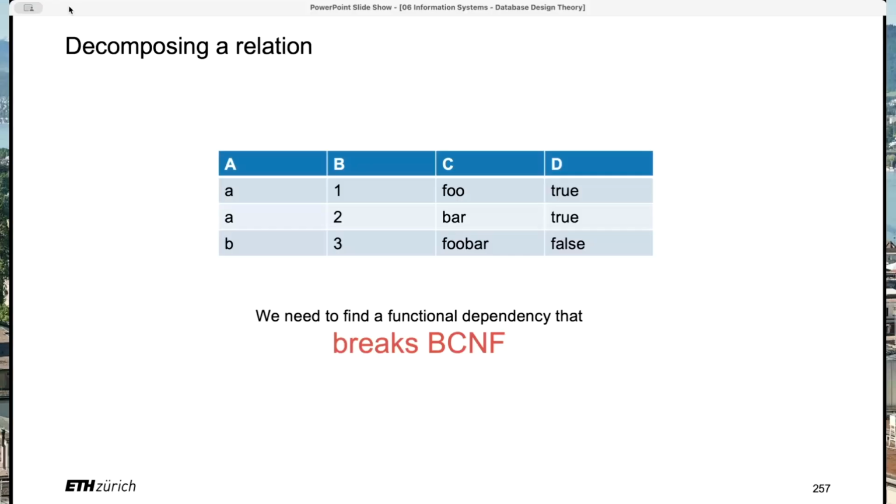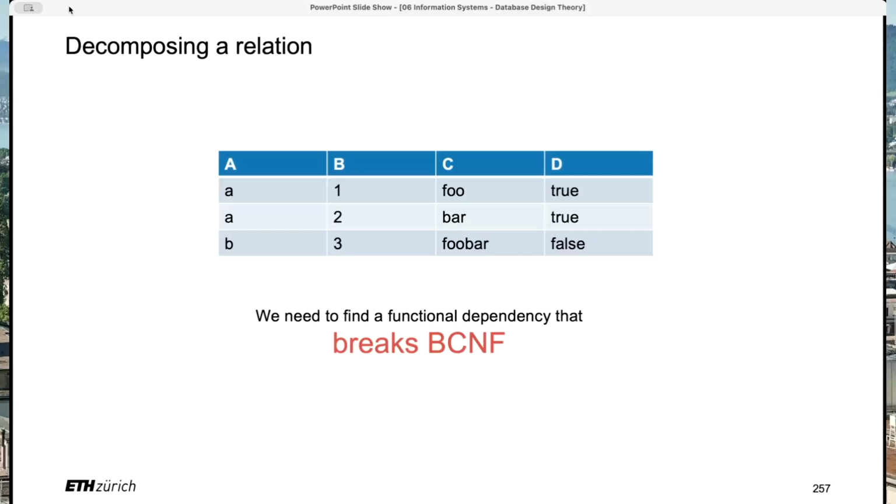What is not a super key, the left or the right? The left, exactly. Boyce-Codd normal form by definition means that all the left-hand sides of your non-trivial functional dependencies are super keys. So if I have a table that breaks that, then there is a functional dependency such that the left is not a super key.